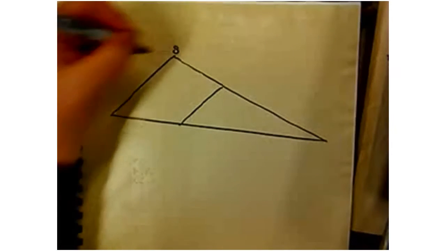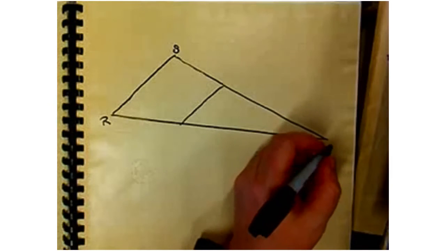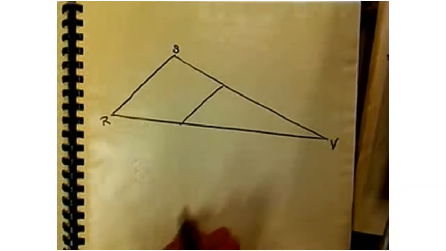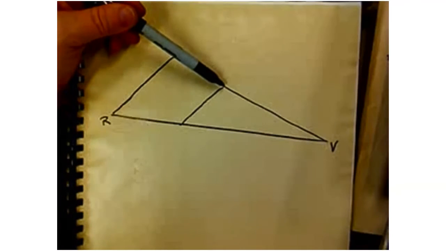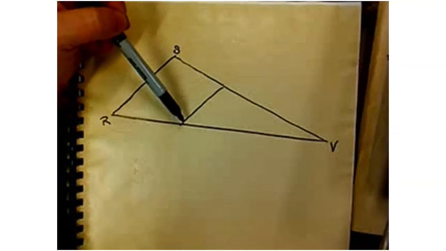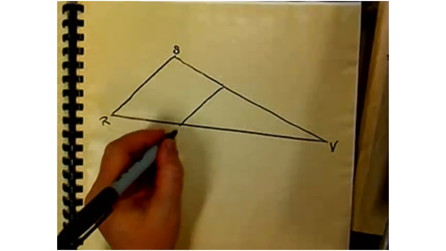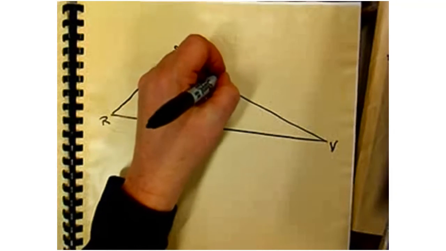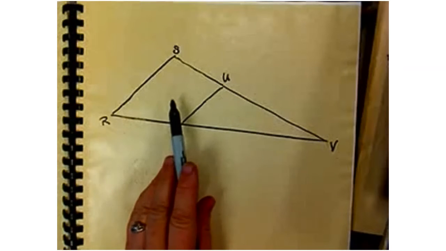S is the top vertex. R is the left vertex. I'm sorry, B is the right vertex. And then there is a line segment going through our triangle at about the 2 o'clock to 8 o'clock position, going from U to T.